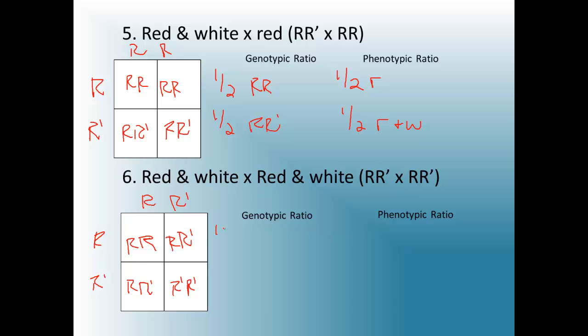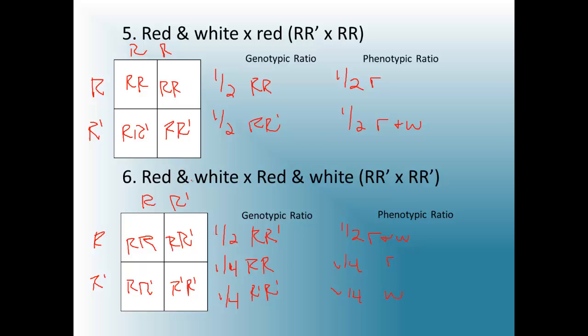We have the probability of getting every single one of the genotypes and every single one of the phenotypes. So we had 1/2 big R prime, 1/2 big R, 1/2 big R prime, big R prime. So then that would be expressed by the phenotypic ratio of 1/2 red and white, 1/4 red, 1/4 white.